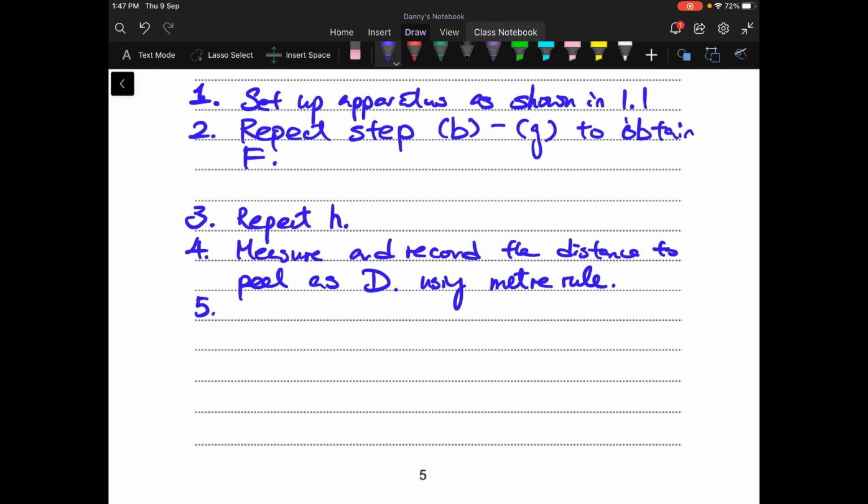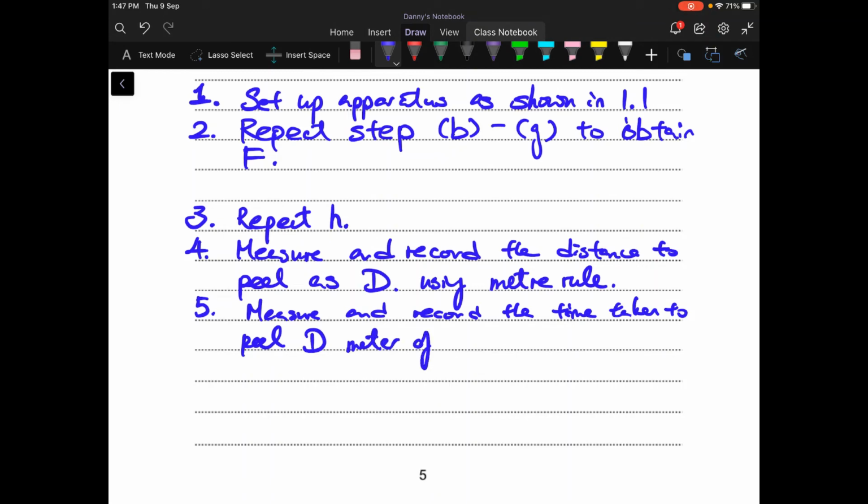Okay, then I will also measure and record the time taken to peel the meter of tape off as T, right? Because here it says measure this thing, right? And then record as T, right? So the format is the same.